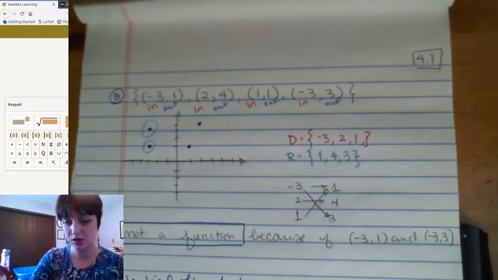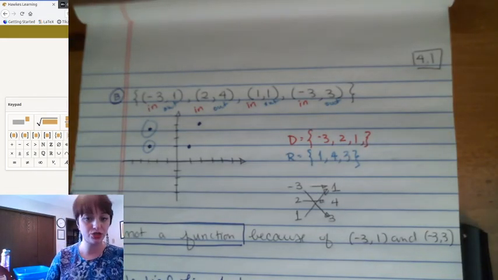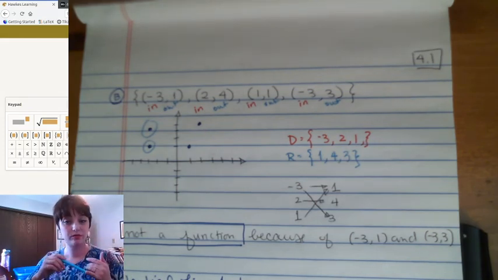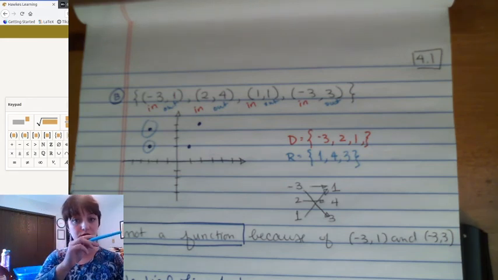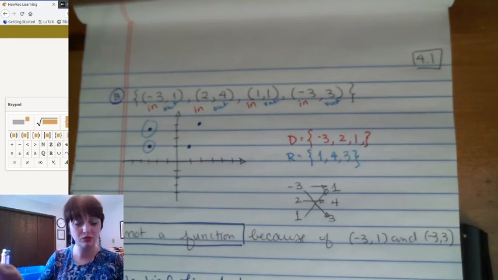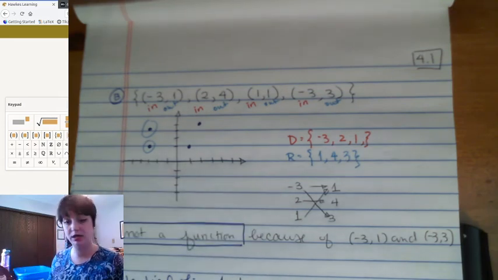So my big summary for this section is, functions and relations differ by the fact that functions have one output to every input. So one thing goes in, one thing comes out. There may be more than one way to get to an output, but when you plug something into your machine, you know what's coming out. That means you have the vertical line test.